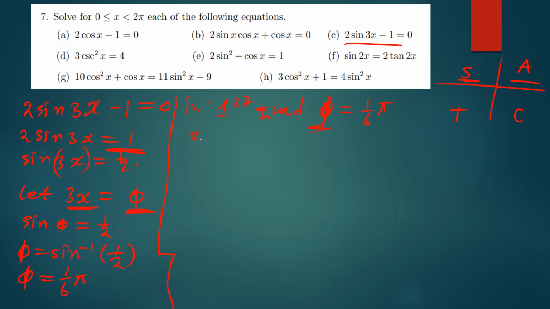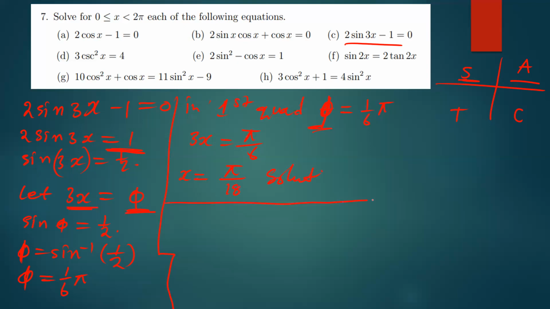So we say 3x is equal to pi over 6. 1 over 6 pi is just the same as pi over 6. When we divide everything by 3 on both sides, we get the value of x as 1 over 6 divided by 3, which is 1 over 18 pi. So this is our first solution.